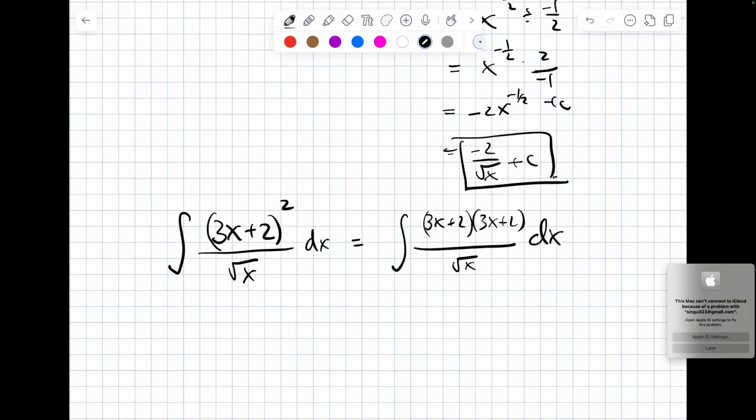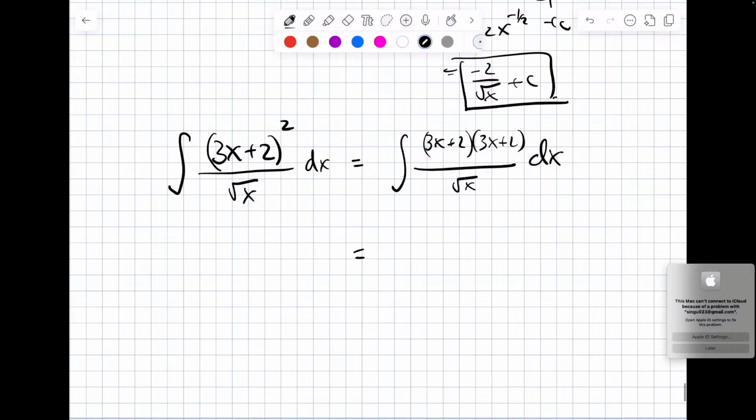Most of you want to think that's 9x squared plus 4. That's not correct. Well, some of you recognize that. I can expand this, so that's going to be 9x squared plus 12x plus 4 over square root x dx. Did I do anything that's out of line that you don't know how to do?